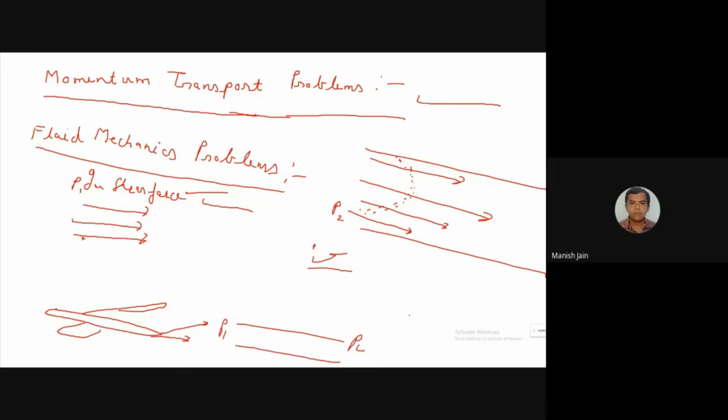Or suppose there is a long building, and air is moving in a cyclone. During the cyclone, how much force is applied due to air movement? That you want to calculate. Each type of problem you can solve by using these two basic principles. Only these two basic principles are required for solving every type of problem.